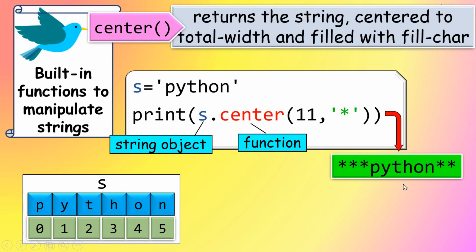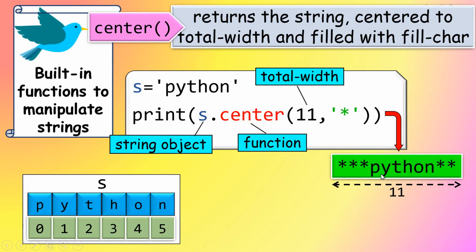You can see the string Python is in the center with the total width 11, and Python occupies 6 places, and the remaining 5 places are distributed on both sides. But it cannot be evenly distributed, so it gives 3 places in front and 2 behind, and fills with the fill char asterisk.